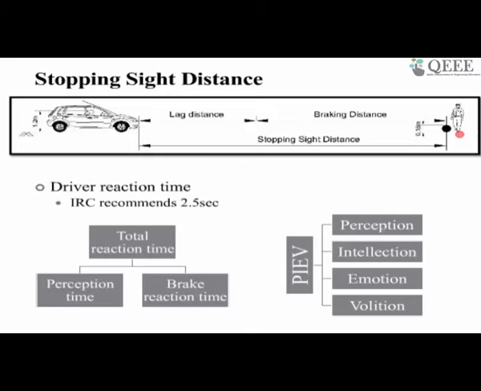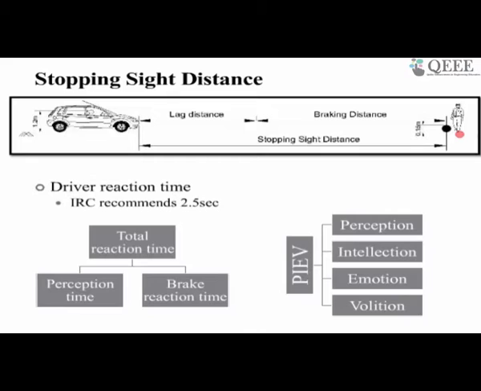Whenever someone is going to look at some object, they are seeing through their eyes. So the eye looks at that object or hears something from the side, and based on that they are going to react. The information comes to our eye and our ear, and it requires some time to send it to the brain.